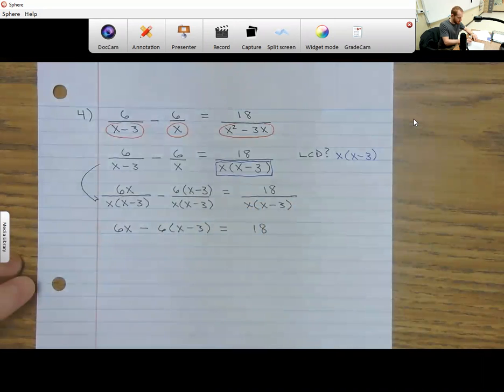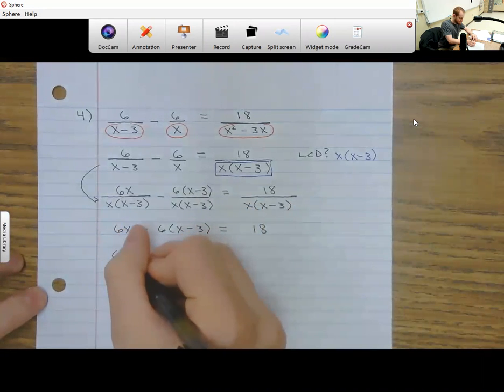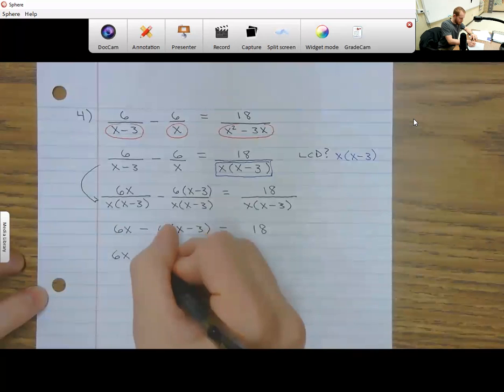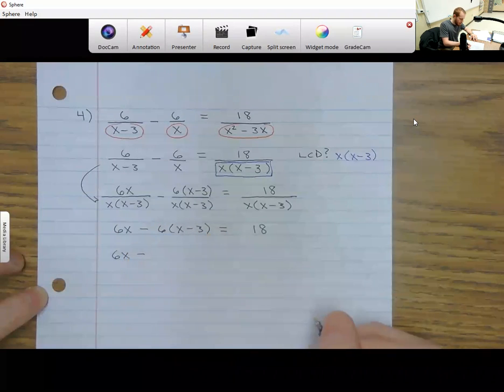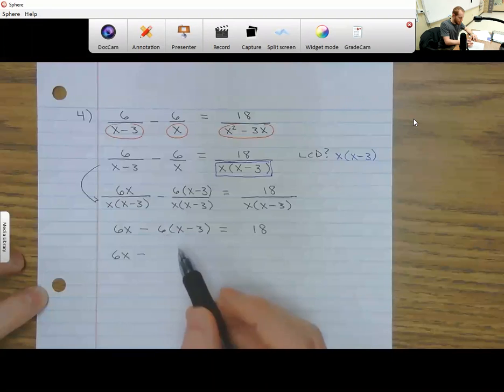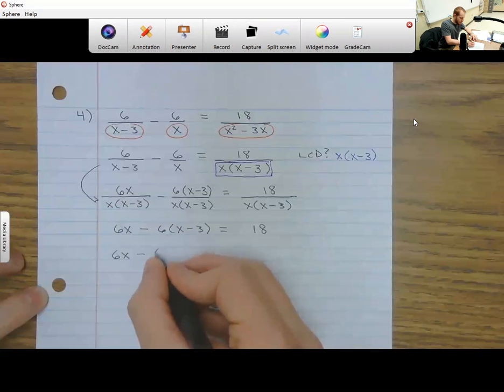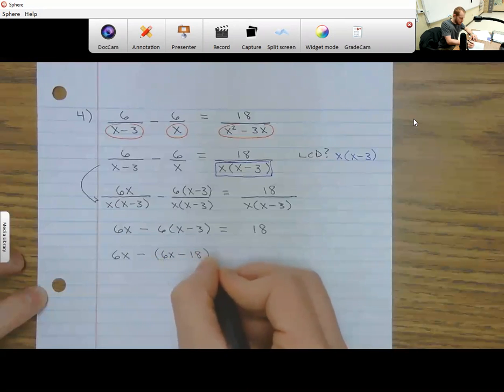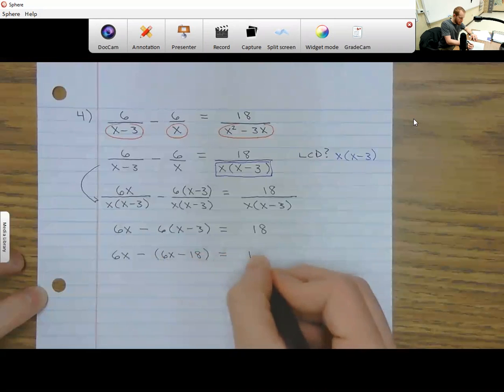This 6x is going to stay the same. I would have a minus, and then this 6 would have to be distributed to everything on the inside. So I would have a 6x minus 18 is equal to 18.